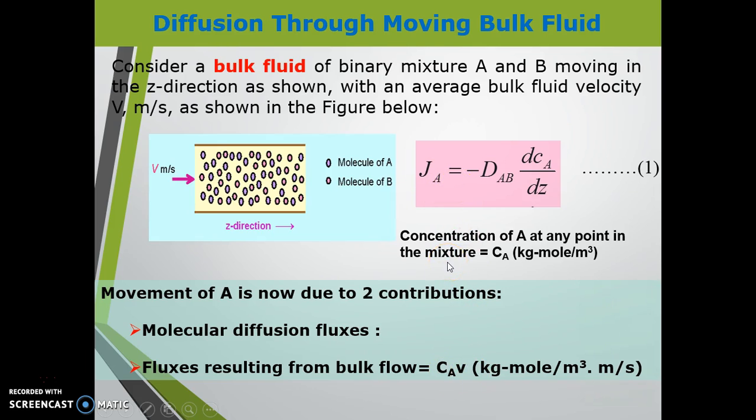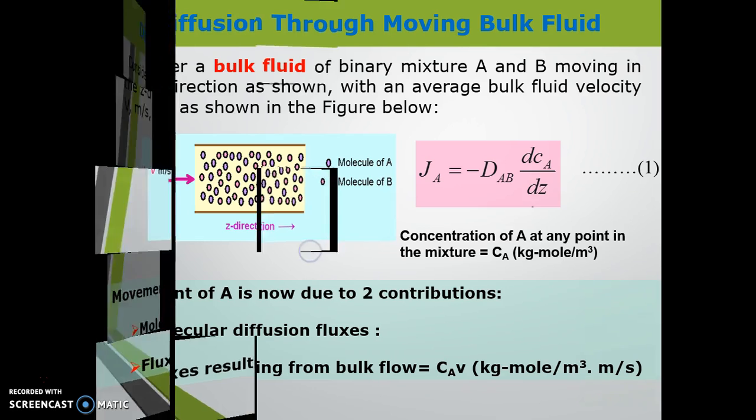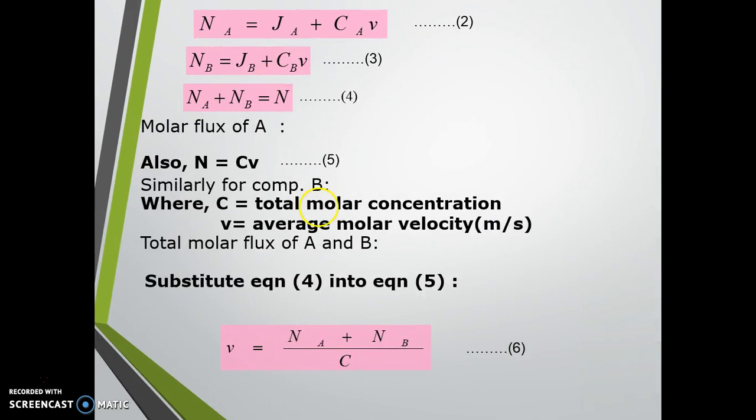JA and NA are the same term, which is flux. The unit is also the same, but the application is different. JA is normally used in a bulk fluid, whereas NA has its time frame, and the velocity is average. So this is the equation for NA.